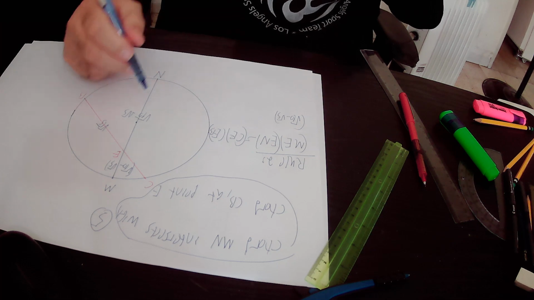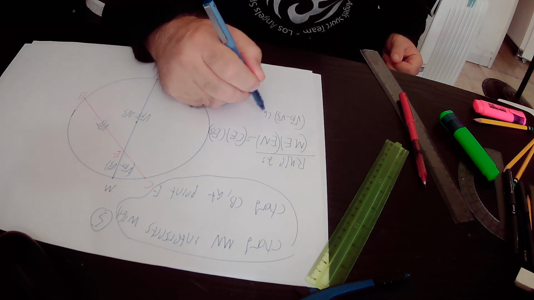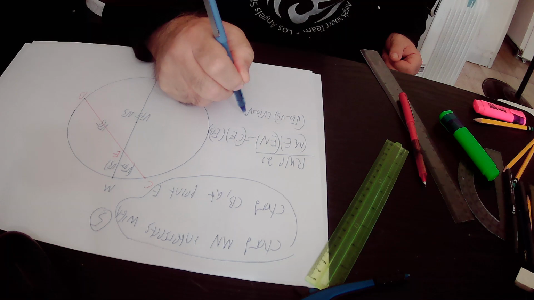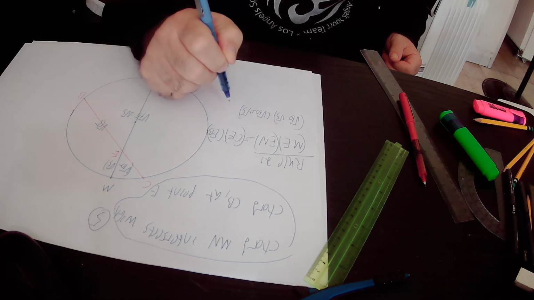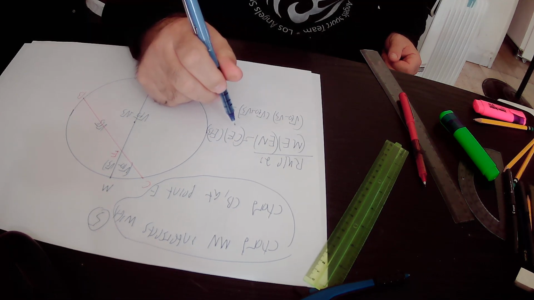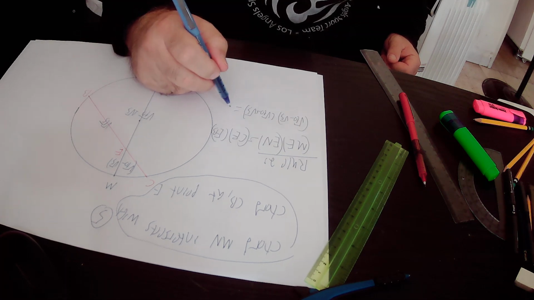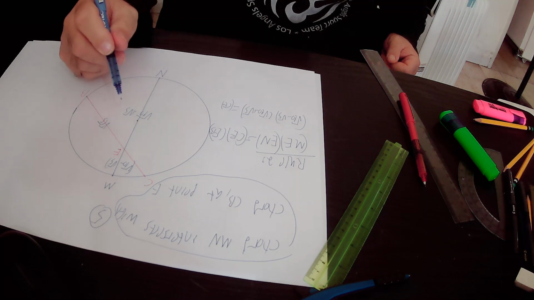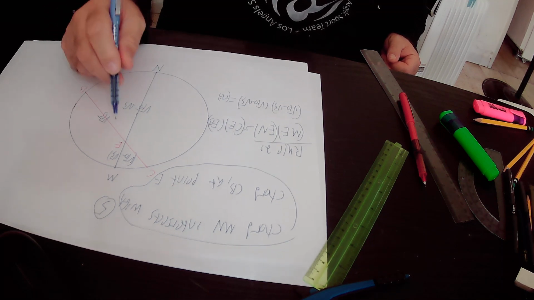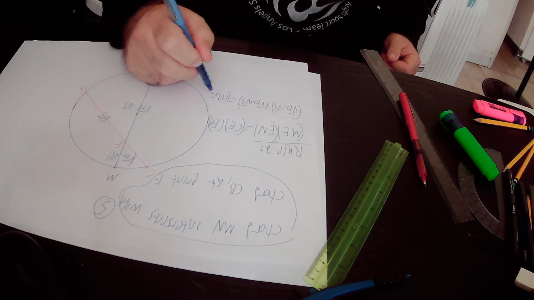EN equals the square root of 10 plus square root of 5, and it is equal to CE, the missing line segment, so we leave it as it is, times EB. We have already found out that EB equals the square root of 15 units.